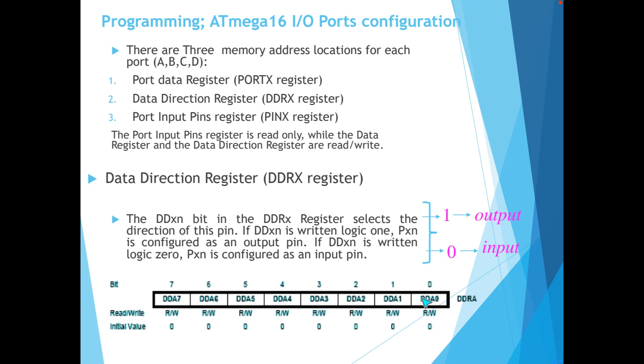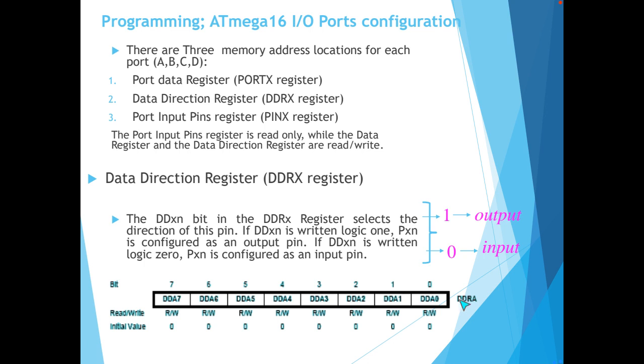Then the bits are DDA0, DDA1, DDA2 till DDA7. When we are talking about the second bit of the DDRA register, we should write that bit as DDA1.